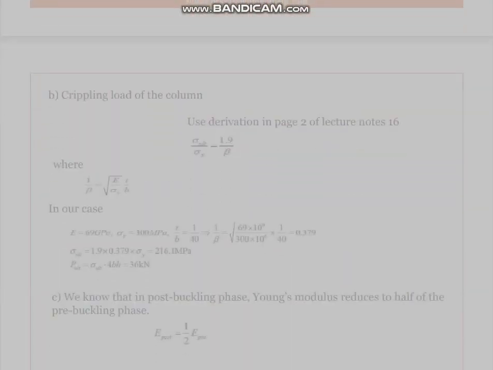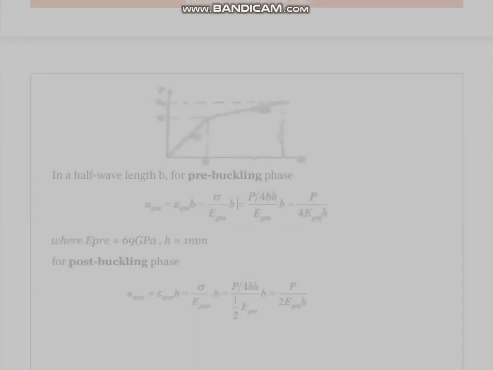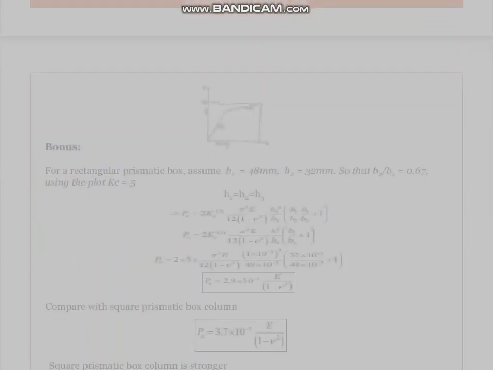B. Crippling load of the column, use derivation on page 2 of lecture notes 16. C. We know that in post-buckling phase, Young's modulus reduces to half of the pre-buckling phase. In a half-wave length B, for pre-buckling phase, where E equals 69 GPa, h equals 1 mm. For post-buckling phase.